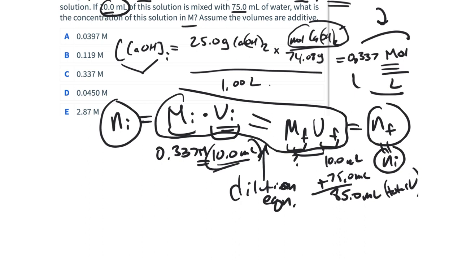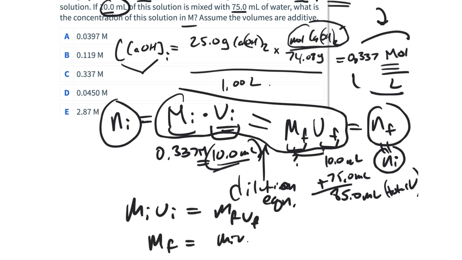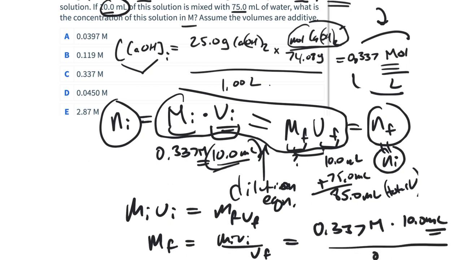And so let me rewrite MiVi equals MfVf down here. Then I can solve for the final molarity by MiVi divided by Vf. My initial molarity was 0.337 moles per liter times 10 milliliters, because we just took 10 milliliters of that solution, and then we're dividing that by 85.0 milliliters.